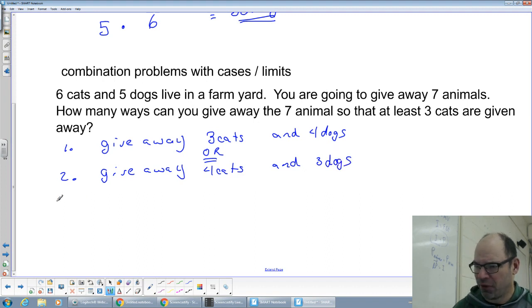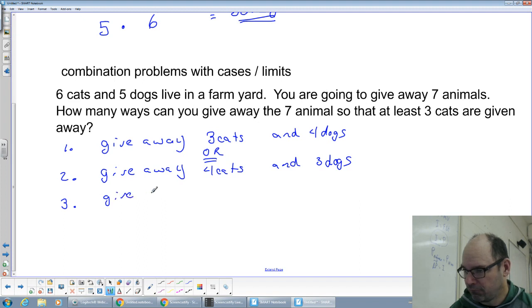Okay, what about number 3? What about the last case that I could do? Not the last case, I guess second last case, because I could give away 5 cats. Or, I forgot the or in there. Give away 5 cats and 2 dogs.